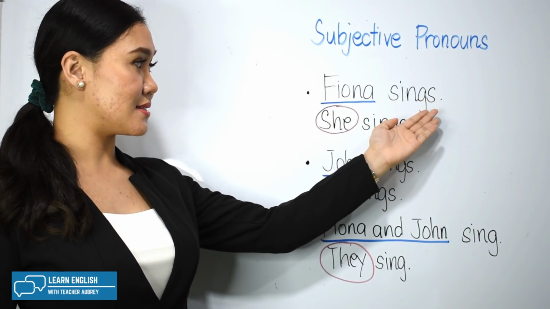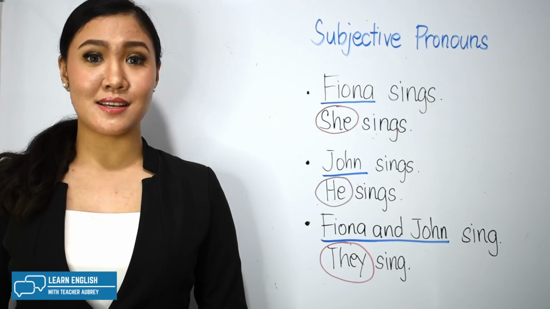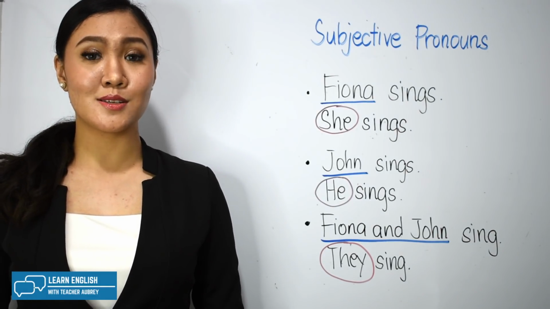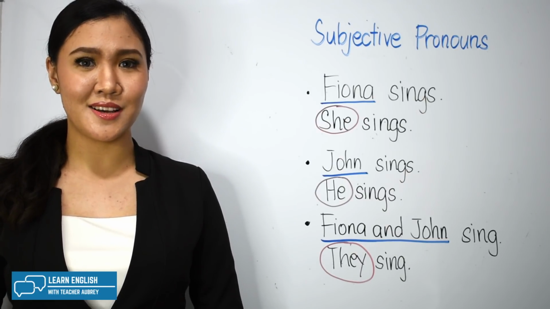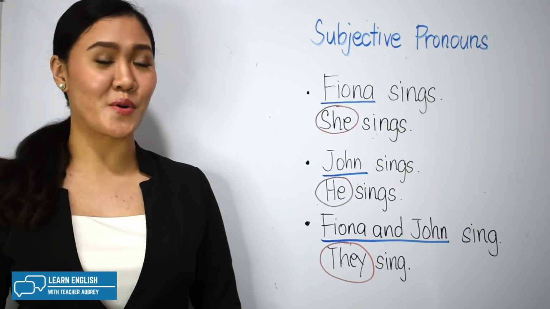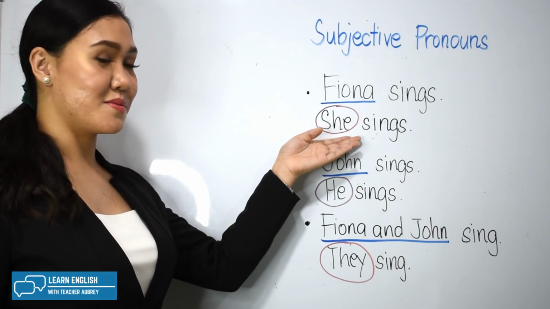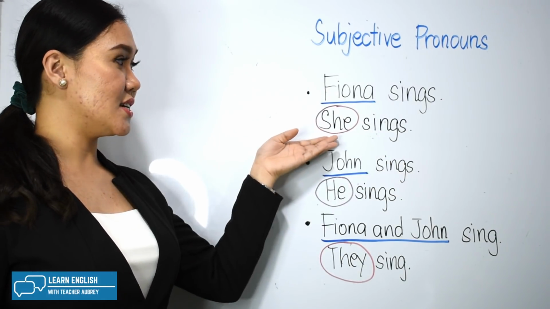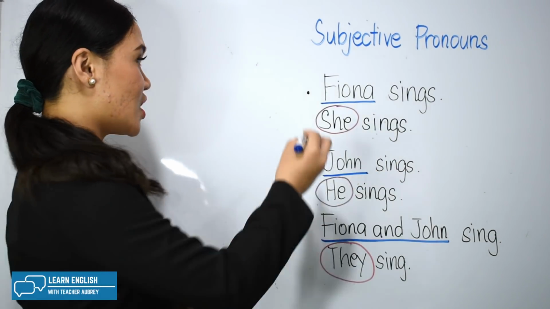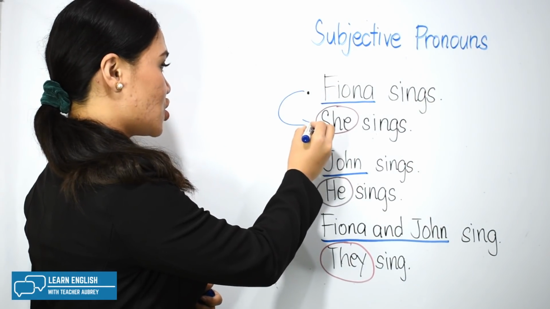Fiona is a girl. To substitute Fiona, since she is a girl, we need to use the subjective pronoun she. She sings. We change Fiona into she.